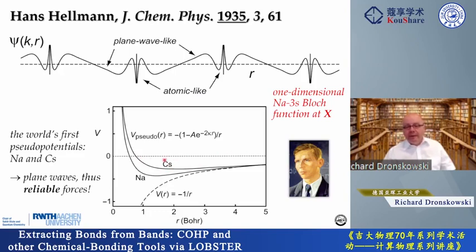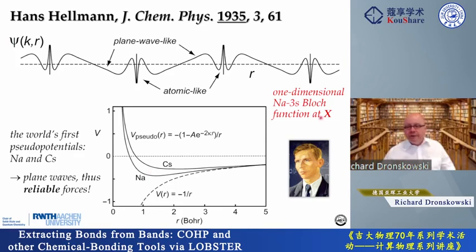So if we replace the real potential of the atom by this pseudopotential, what you do, you incorporate the idea of the periodic table into quantum mechanics. That is the idea, because all the atoms in the same group of the periodic table have similar pseudopotentials.